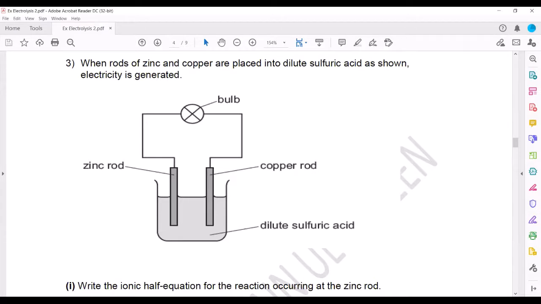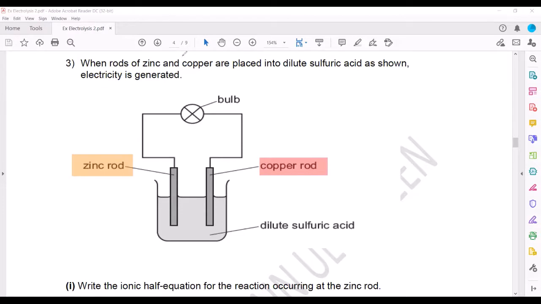In this question, when rods of zinc and copper are placed into a dilute sulfuric acid, as shown, electricity is generated. So we have the zinc rod and the copper rod. And we know zinc is more reactive. When we work out the reactivity, zinc is more reactive than copper. And this is the acid electrolyte.